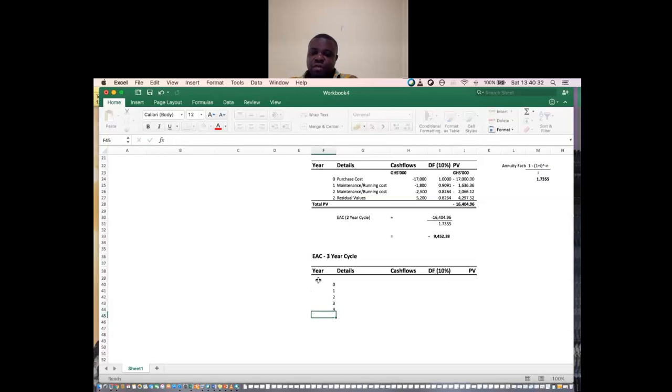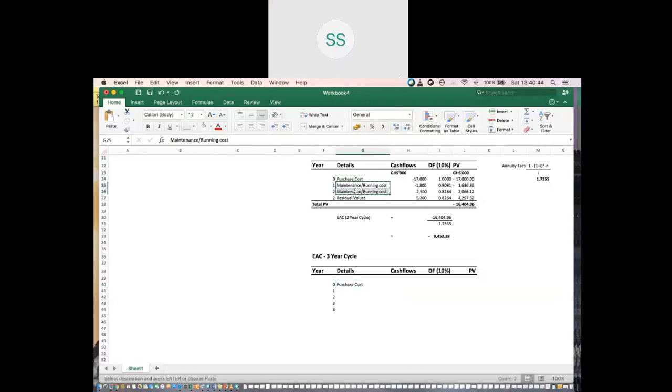That's the residual value for year 3. Okay. Then the details, we are going to have the same, and then you have it for that, which will also be the same as year 3. Then the last bit will be the residual value for year 3.